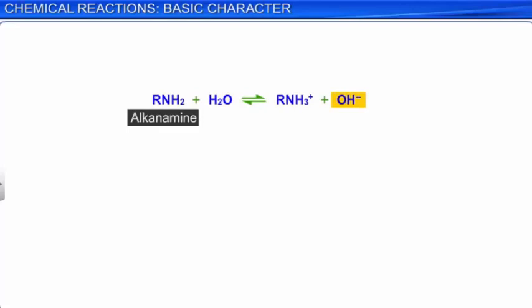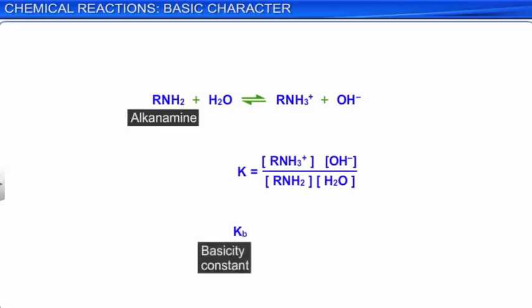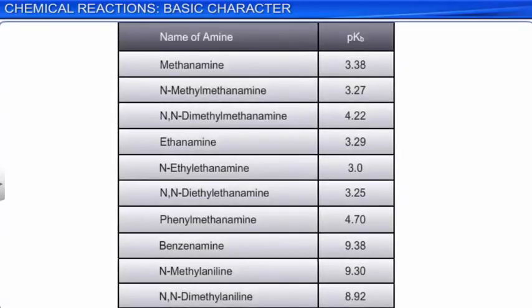By applying the law of mass action to the equation, the base dissociation constant or basicity constant Kb is equal to the product of molar concentrations of RNH3+ and OH- divided by RNH2. You get an idea of the relative basic strength of amines from their Kb or pKb values.